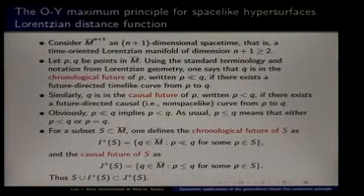Now, if we consider an arbitrary subset S on the space-time M bar, we can define the chronological future of S as the set of all points which are in the future of any point of S. So I plus of S is the set of Q such that there exists some point P in S such that Q is in the chronological future of the point P. And we define also the causal future of S, denoted by J plus of S, the same, but replacing chronological future by causal future.